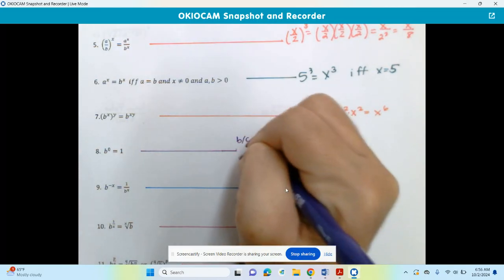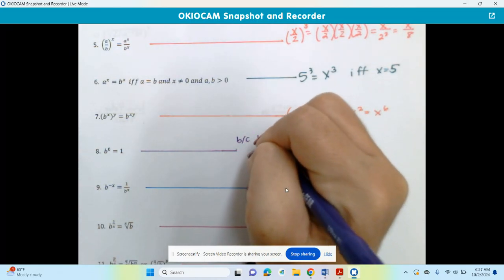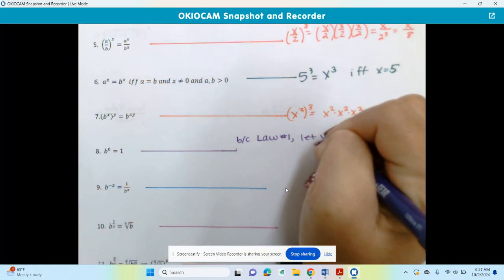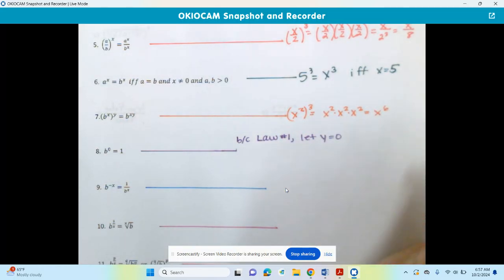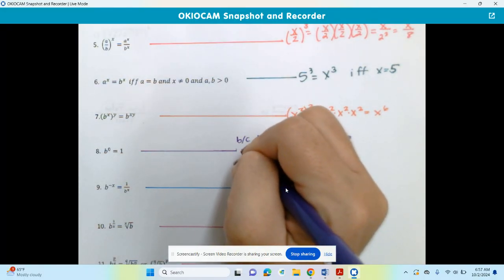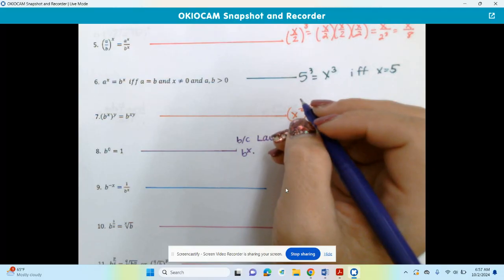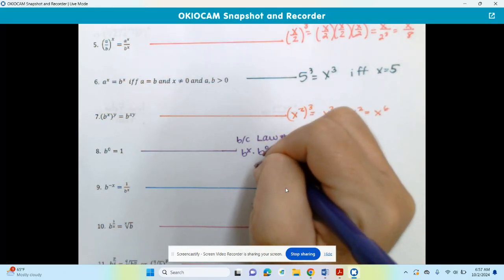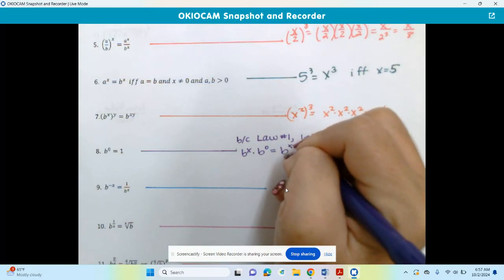Because for law number 1, let's let y equal 0. That means b to the x times b to the 0 would equal b to the x plus 0, right?